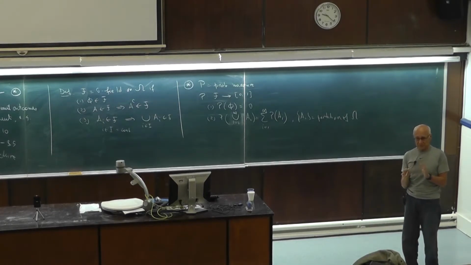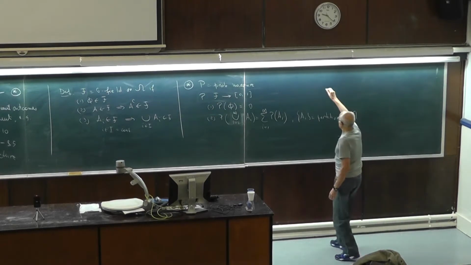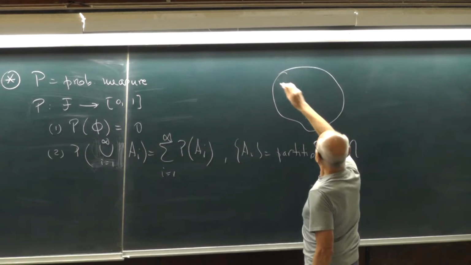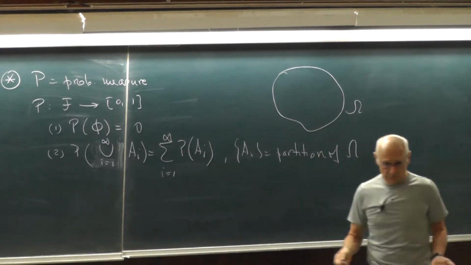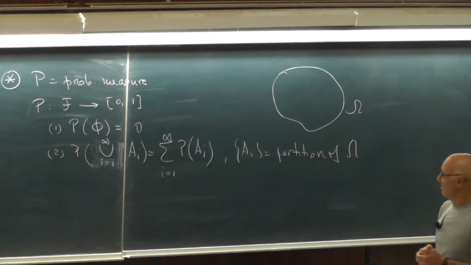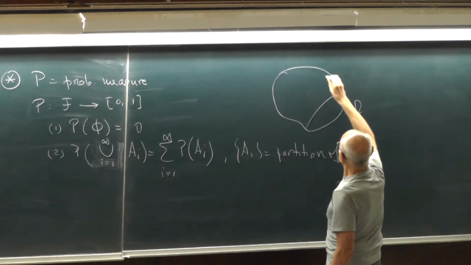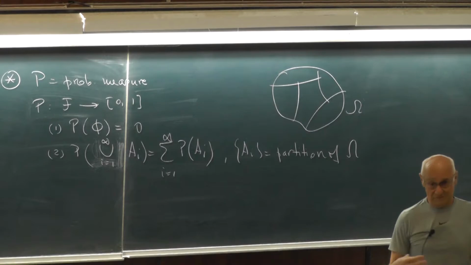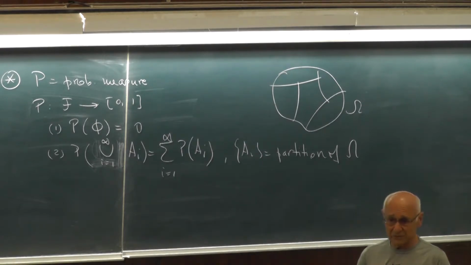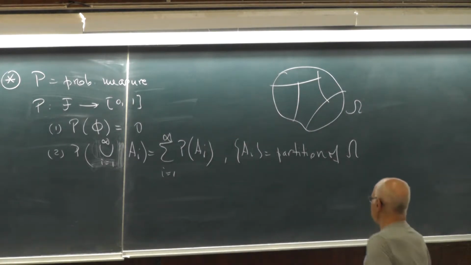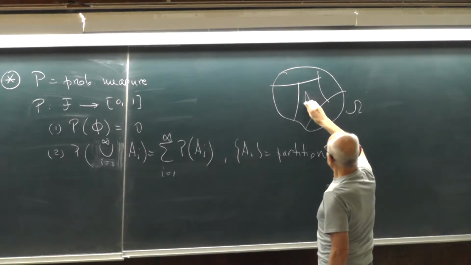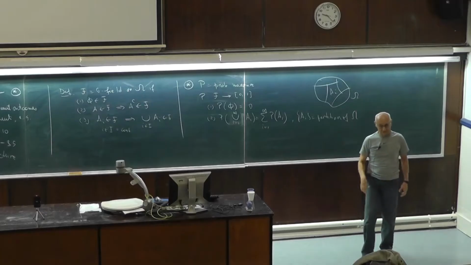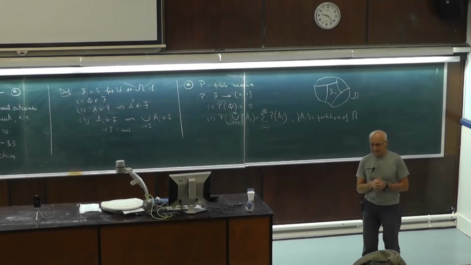Let's stay for a moment because I'm going to use this word several times. If this is omega, that is a sample space, a partition of it, think of this like a pizza, and you cut slices of the pizza. If this is your slice, you divide the pizza in all kinds of slices.